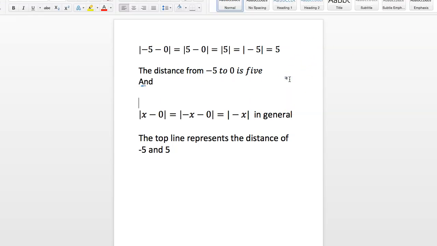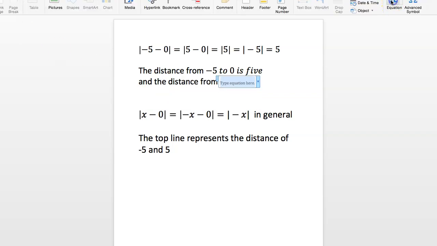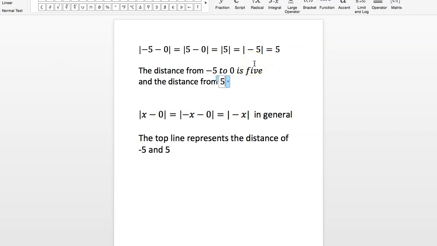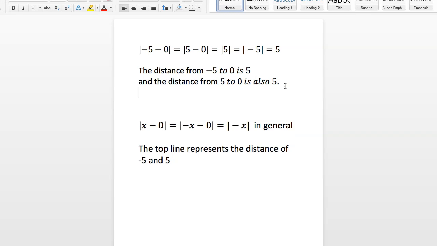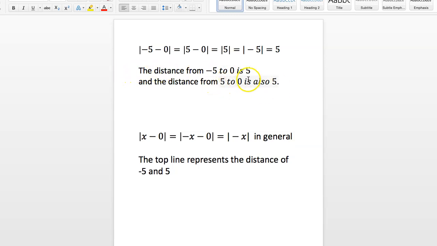And the distance from positive 5 to 0 is also 5. Okay, so I have that.